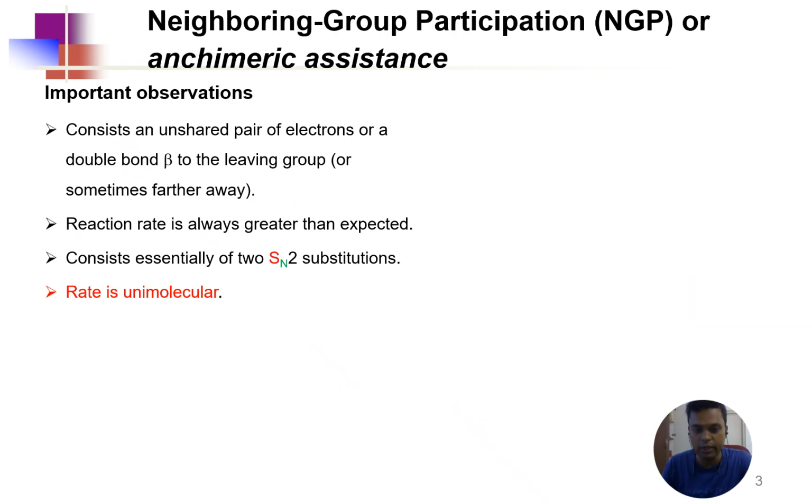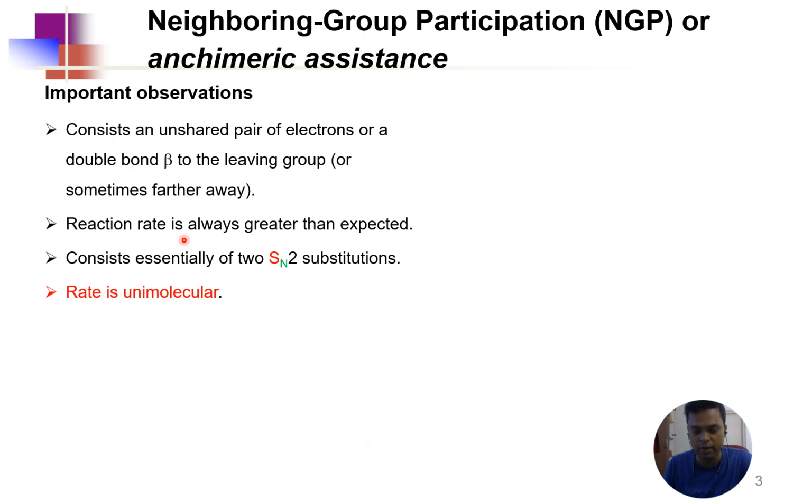Okay, the next topic is neighboring group participation, also known as anchimeric assistance. There are a few important observations that different scientists have found: the substrate contains an unshared pair of electrons or a double bond beta to the leaving group. So basically, you could have a heteroatom or an unsaturation which is beta to the leaving group.